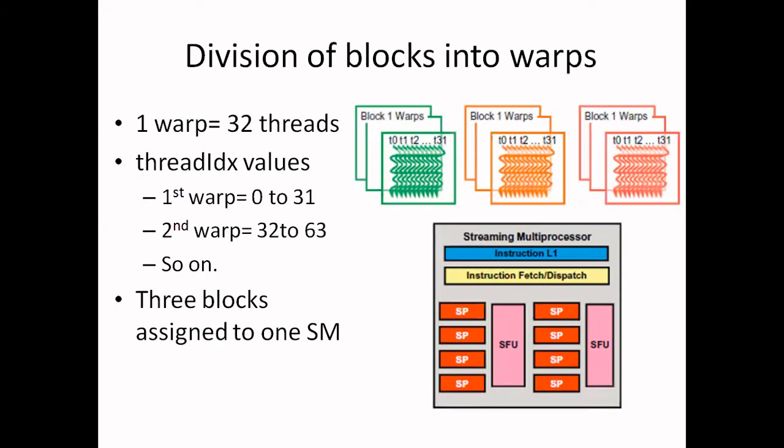So let us assume one warp is designed with 32 threads. Now you can understand, as we have seen, how many threads can be assigned in a streaming multiprocessor.